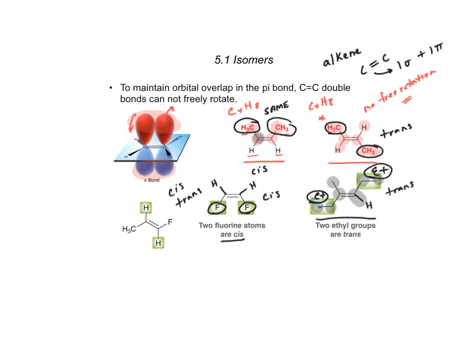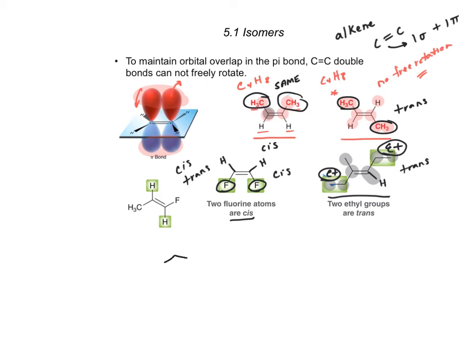So just as a note, because sometimes it's not super obvious, imagine if you were given a molecule like this and asked, is this cis or trans? Right, so we have a methyl group, we've got our double bond, we've got a fluorine. Who would we be comparing relative to one another for cis trans? Because they have to be the same on either side of the double bond. Right now we've got a methyl versus a fluorine.